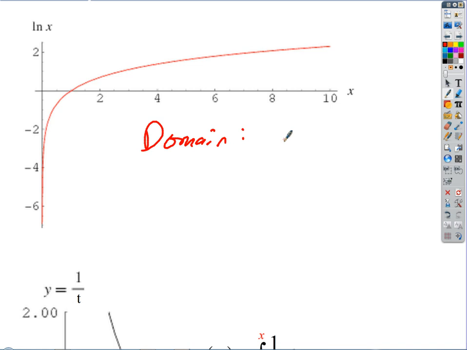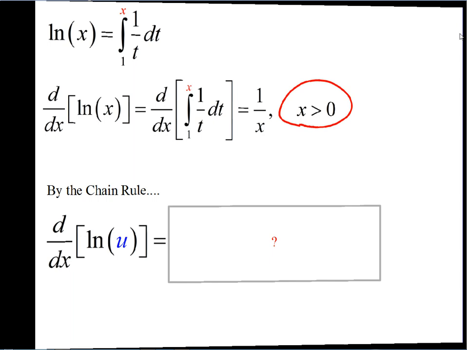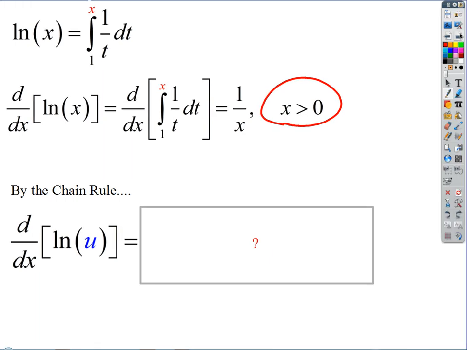Yeah, x has to be greater than 0, right? And what's the range? Negative infinity to infinity, all reals. Good. But the log function simply won't accept an input value less than 0, and so we always have to have that little fine print on there. This only is going to work, obviously, for positive valued x's. Okay, so that's good.